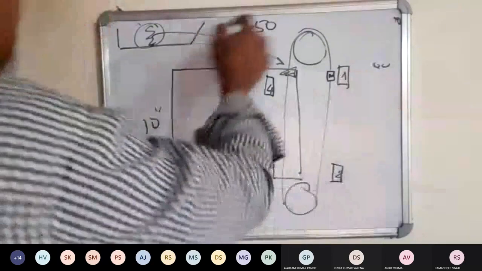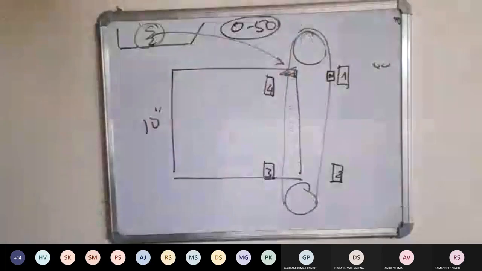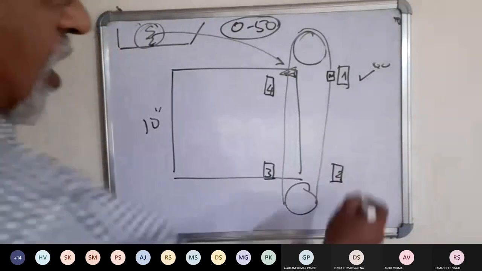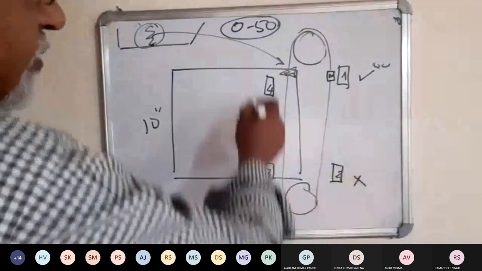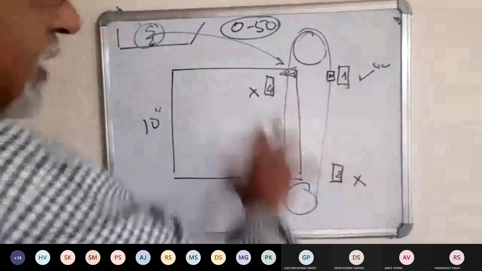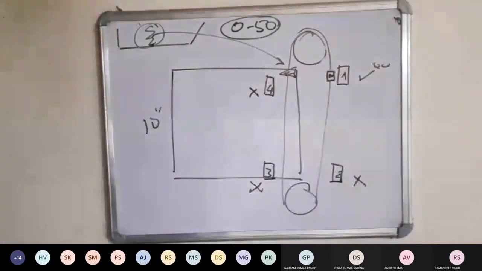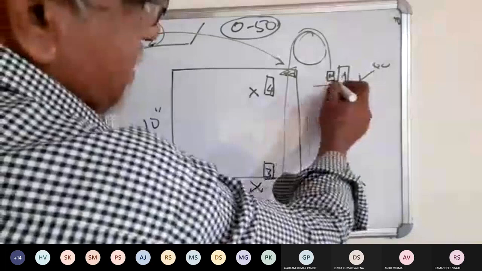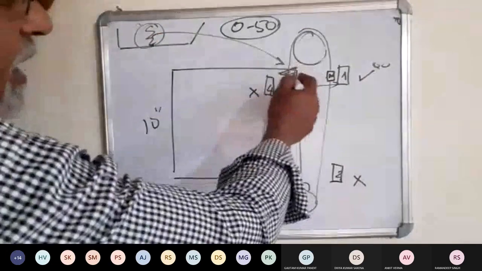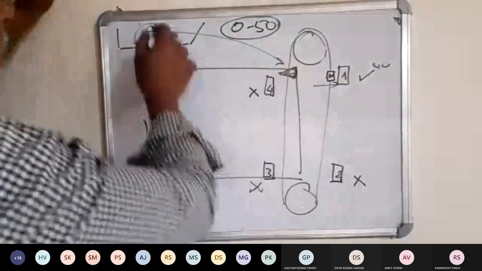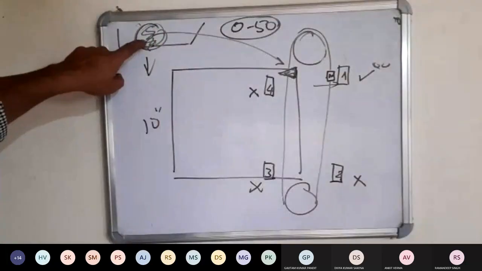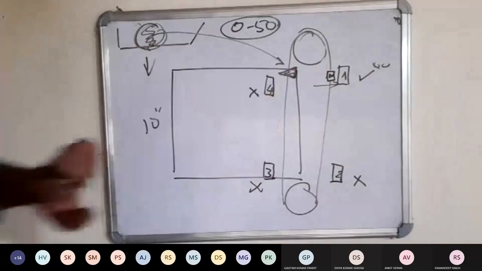When we selected the range 0 to 50, at that time sensor 1 is in action and all the others are out of circuit, their work is stopped, they all remain off. This is in operation. When the magnet is passing near the sensor, at that time the stylus is here, the transmission is taking place. When transmission is happening, the stylus is at 0.